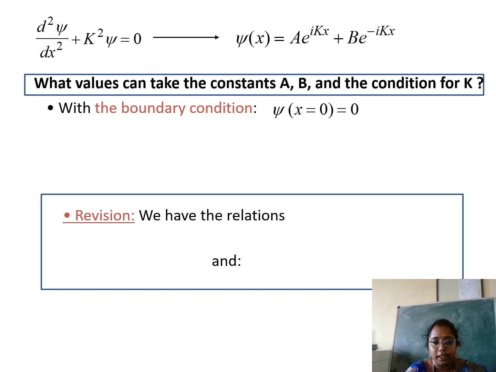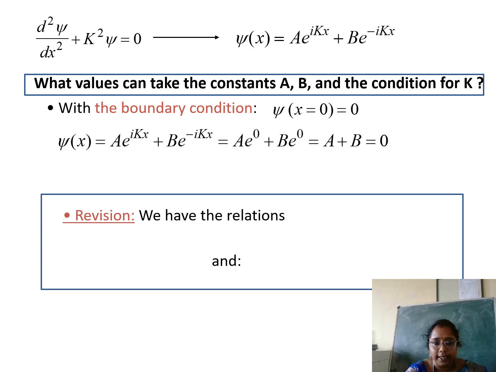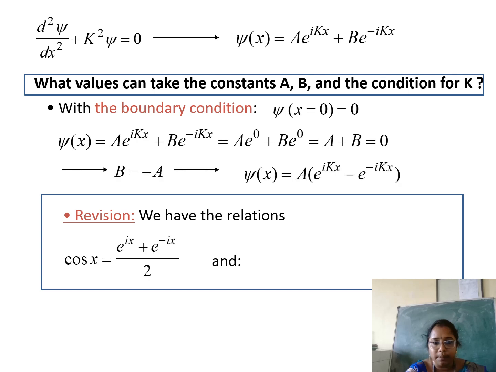Now if we apply boundary conditions, ψ is equal to 0 at x = 0. That means we get A + B = 0, so A = −B, or B = −A. Substituting that value, we get ψ(x) = A(e^(ikx) − e^(−ikx)).